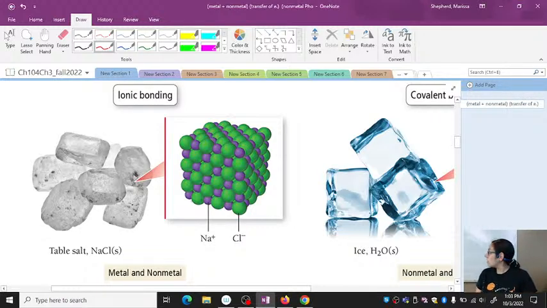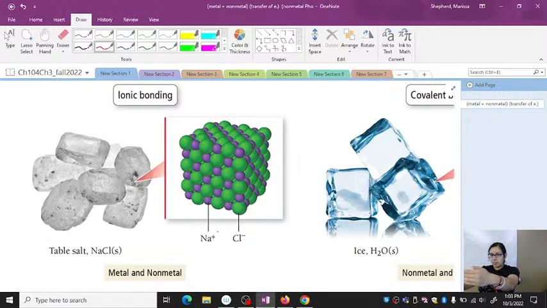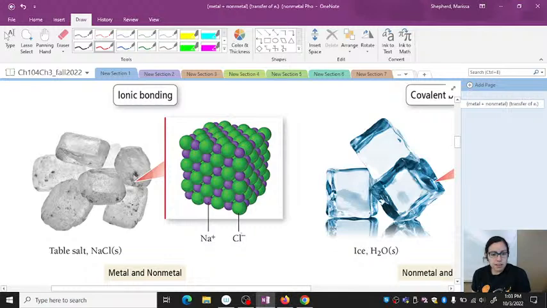Note the size difference, too. Sodium is small, partly because it loses its outermost valence electron, so now it's one shell smaller. That's what makes it tiny.